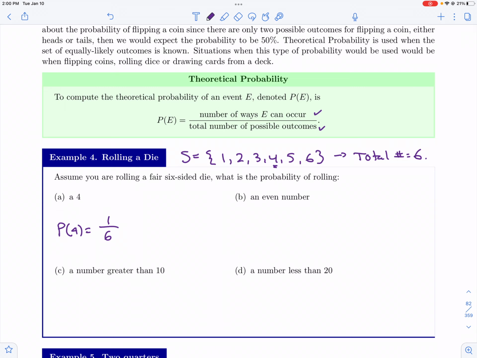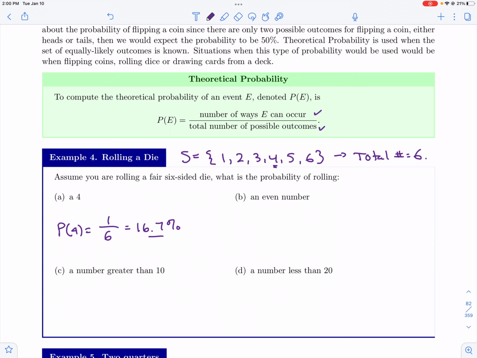We'd end up getting 1 divided by 6 is 0.1666666 repeating. So if we move our decimal, we're going to get 16.7%. But I'm just going to leave these as fractions for right now, but feel free to change these over to percentages if you want to for practice.